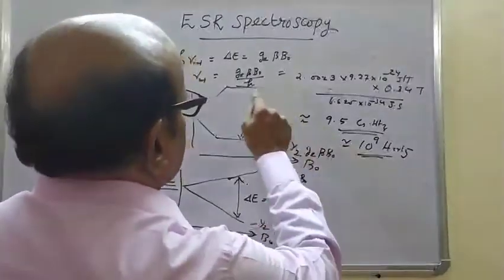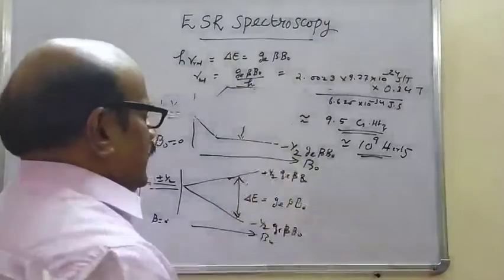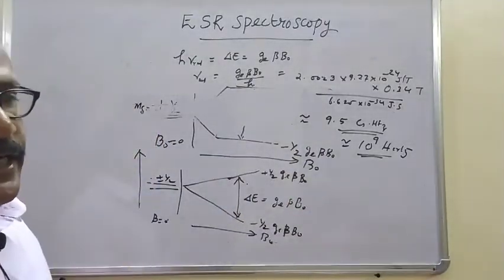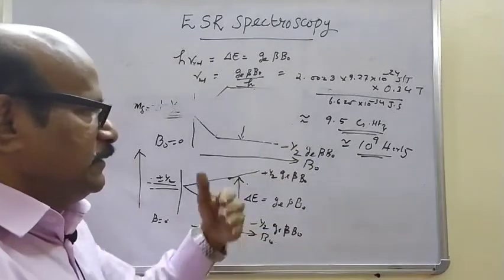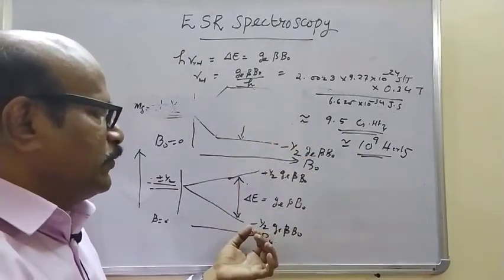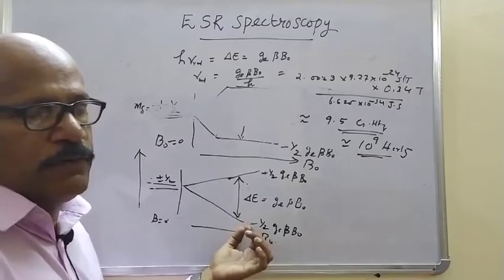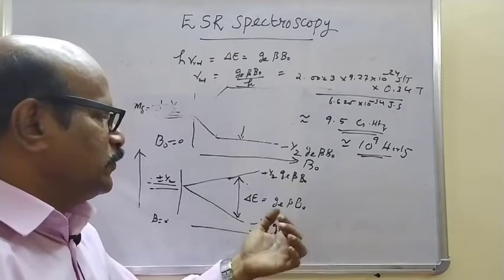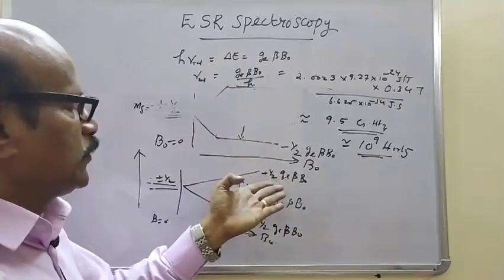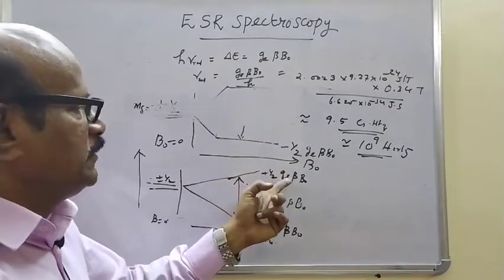When we apply microwave radiation of suitable frequency, the molecule undergoes transition from the lower electronic state of minus half g beta B0 to the higher electronic state of plus half g beta B0.